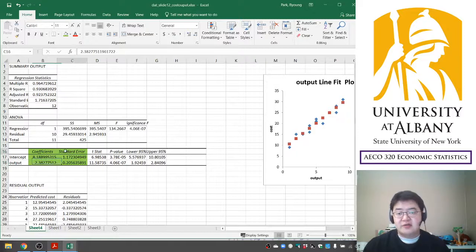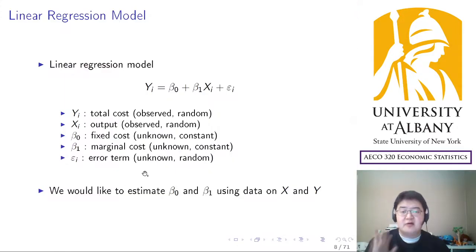And their respective standard error is reported here. So these two numbers are the most important estimation results. And let's see what we can do here. Fixed cost and marginal cost estimates are cost function parameter estimates.